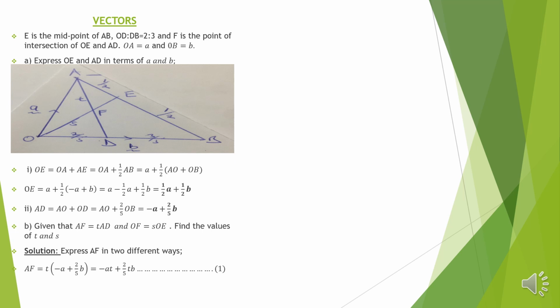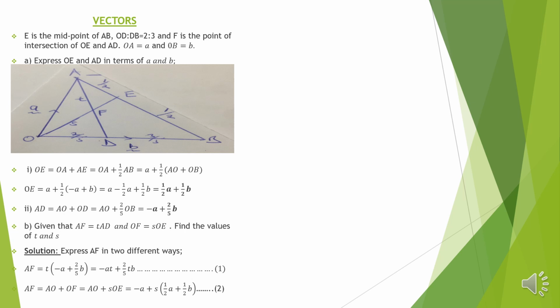AF will be equal to TAD, and if we substitute the value of AD as we got from question A, then we have that AF equals negative AT plus 2 over 5 TB. Similarly, AF can also be expressed as AO plus OF, which is the same as AO plus SOE.